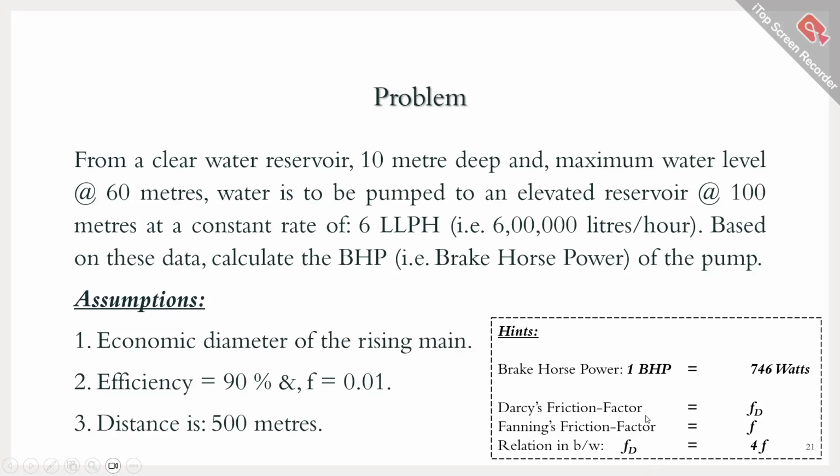If you are using the Darcy-Weisbach equation for the calculation of the pressure drop, then in the Darcy-Weisbach equation, FD is used. So you can put 4f in place of FD, because only the small f value, or Fanning's friction factor value, is given in the question as 0.01. So FD will be 0.04. Okay, so this is one hint.